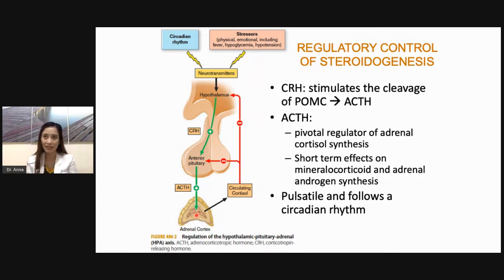So cortisol is a glucocorticoid, RAFG, so it's the zona fasciculata. That secretes your circulating cortisol. And the circulating cortisol will send a negative feedback to your anterior pituitary and your hypothalamus in order to avoid overactivity of the hypothalamic pituitary adrenal axis.